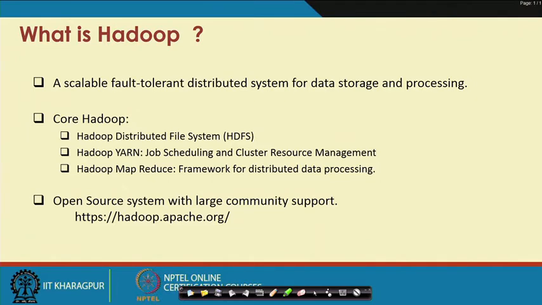The second component is the Hadoop Yarn component, which is responsible for scheduling jobs in the Hadoop cluster, and also for managing the resources of the cluster. And finally, there is the Hadoop MapReduce framework, which we discussed in the last class.